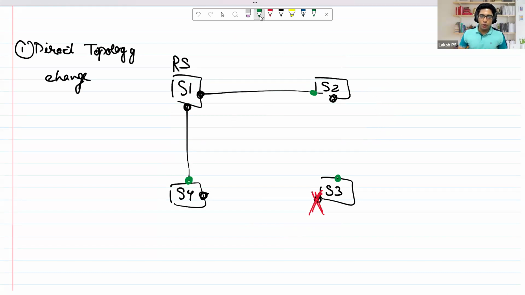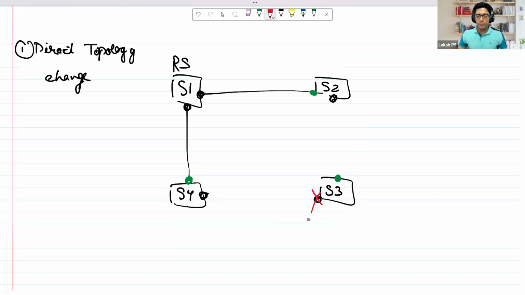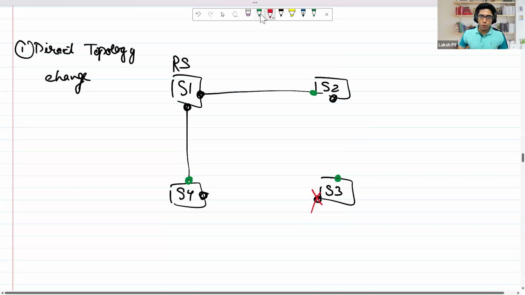So in such a scenario, what is switch 3 supposed to do? If switch 3 can reconnect to switch 4, now switch 3 will also start to receive data. So to have such a scenario, switch 3 is supposed to unblock its interface. Now, how is switch 3 going to do this? As I said, at every 2 seconds the BPDUs are sent.